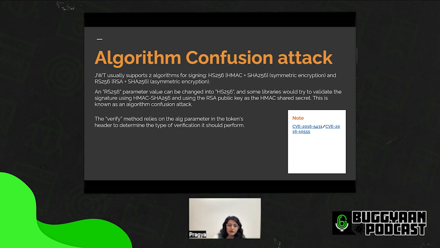Secondly, for RS256, there is a private key and a public key, and the public key is for verifying. In this case, if I use HS256, there is only one key, which is the RSA public key. In HS256, I'll use just my RSA public key for signing and for verifying, and hence this attack will work, because I will use the same key for signing and for verifying. So the server will not be able to reject it.